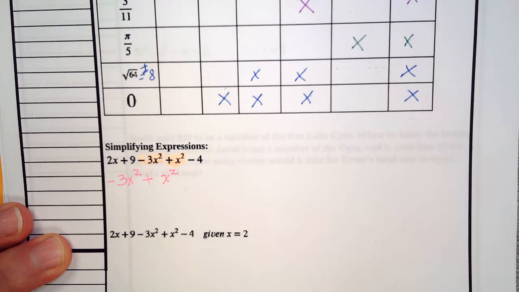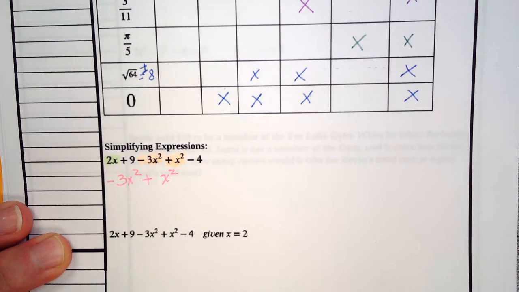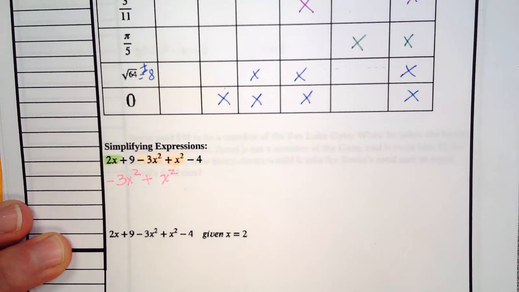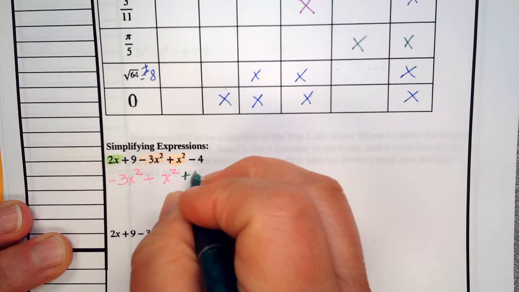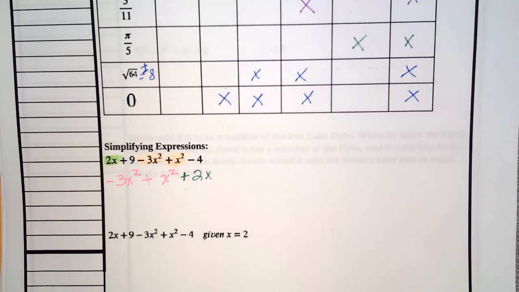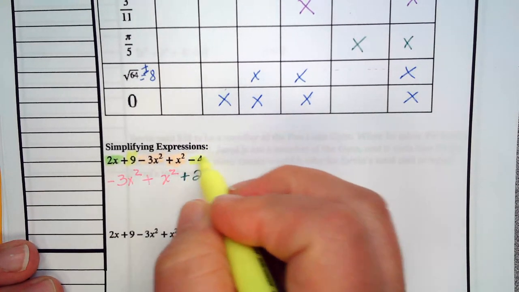Those are my x squared terms. What are my x terms? Well, I've only got one x term, and that is 2x. And then finally, I have my numbers. I've got plus 9 minus 4.